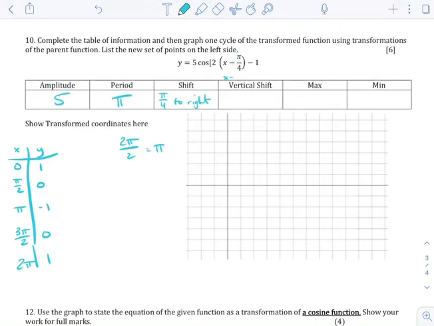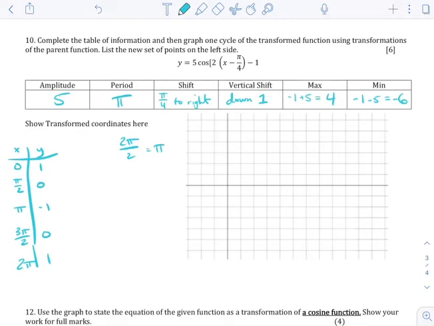Because it's x minus d. Our vertical shift, well, I see that it's been shifted down 1. That's our c value, negative 1. Our maximum, just like before, is our equation of the axis plus our amplitude. Maximum is 4 in this case. Our minimum is our equation of the axis minus our amplitude, negative 6.